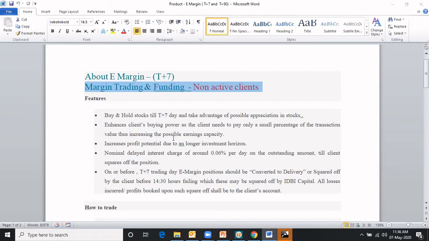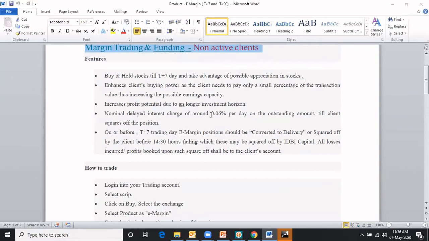Or if I want to take it into my demat account, I have to transfer the balance 75 rupees. There will not be any obligation, and I can transfer that stock into my demat account. For this facility, IDBI Capital will charge me 0.06% per day on the daily outstanding amount.